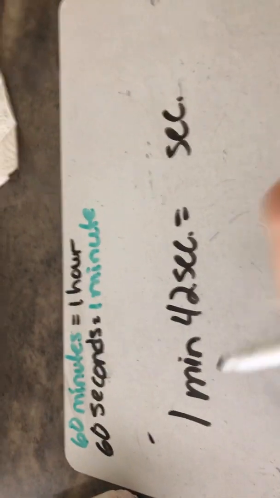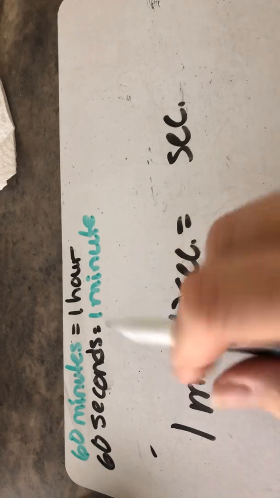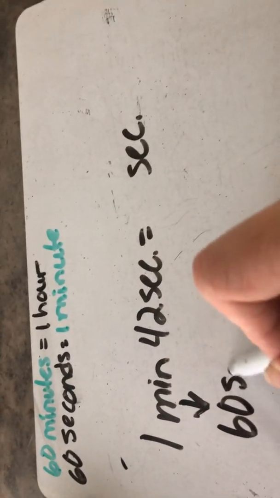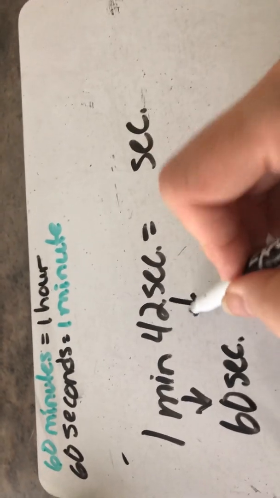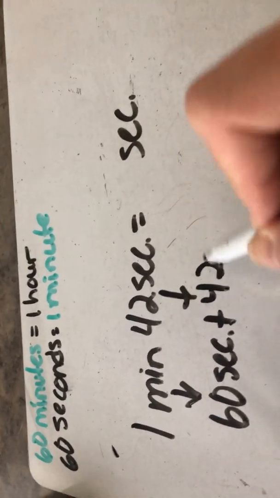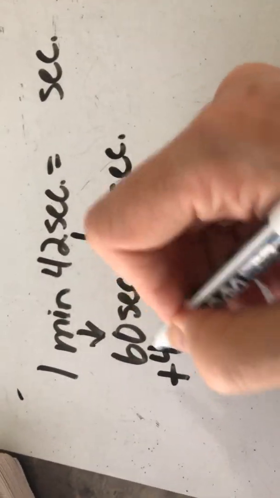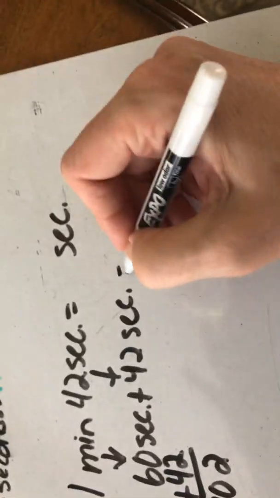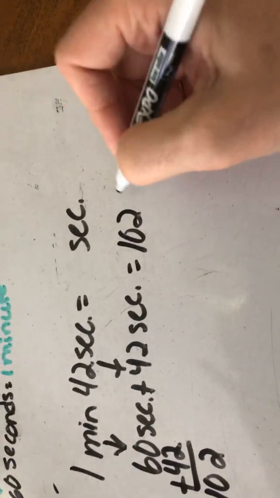But keep in mind, 60 seconds equals a minute. So when you bring this down, you have the 60 seconds. You've got to add the 42 seconds that are already there. 60 plus the 42, 102 seconds.